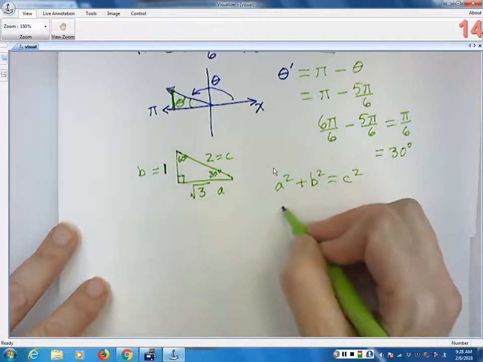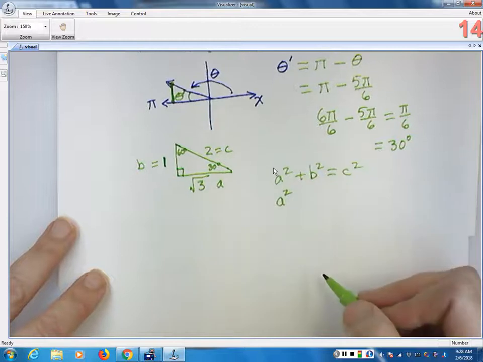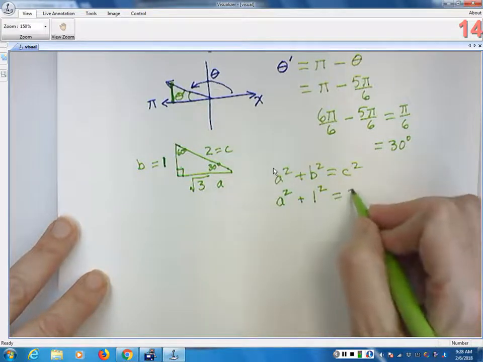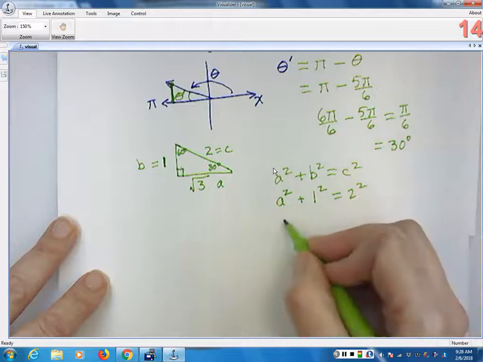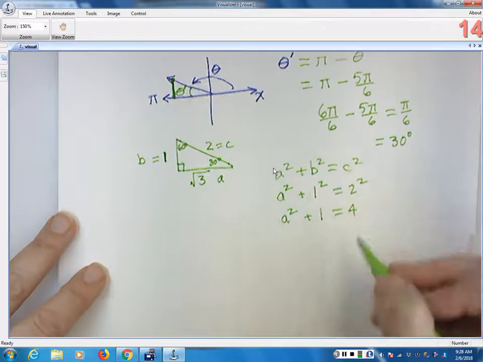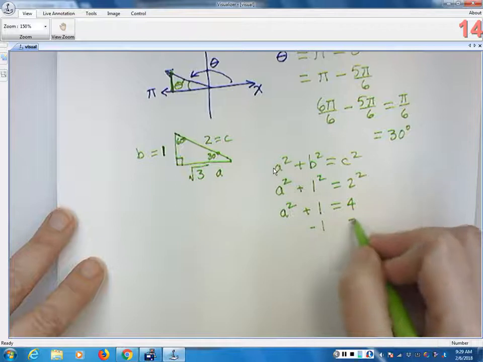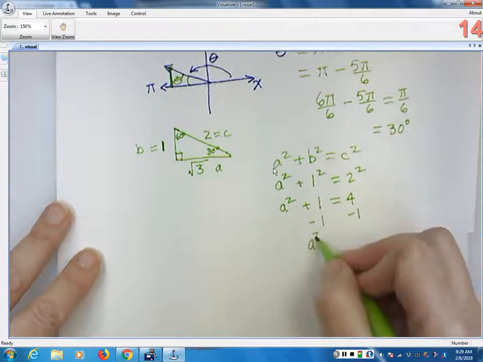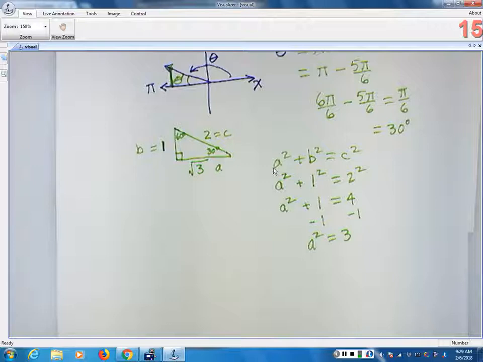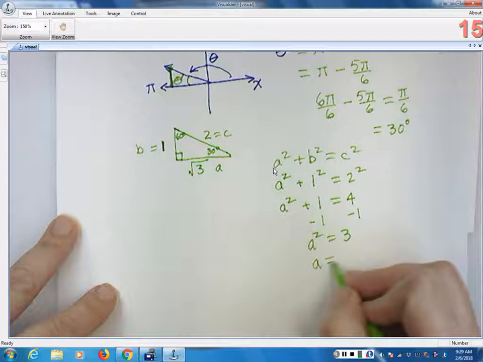Remember, we don't know A right now. 1 squared equals 2 squared. So we get A squared plus 1 equals 4. And we subtract 1, get A squared equals 3. Take the square root, and we're only using positive values here, so it's square root of 3.